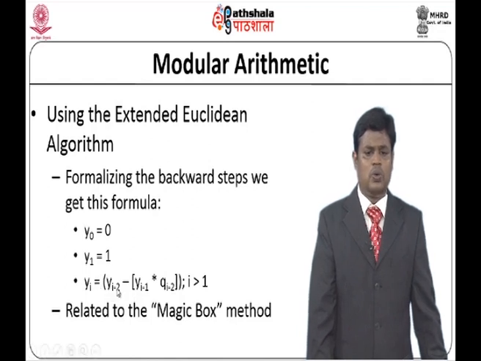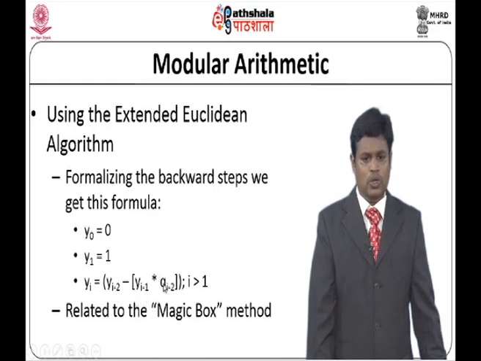yi is equal to yi minus 2 minus yi minus 1 into qi minus 2, whenever you have i greater than 1.